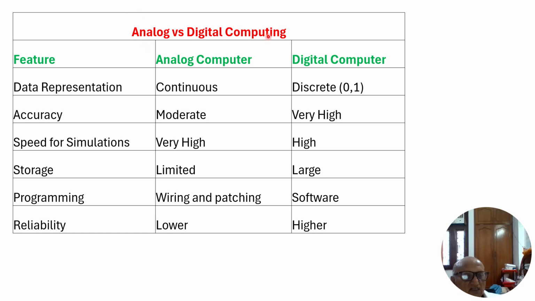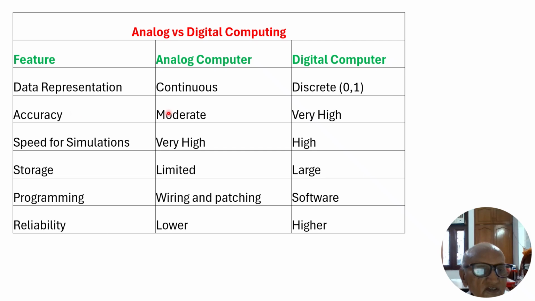Friends, now I am comparing analog computer with digital computer through some features. First is data representation. On analog computer it is continuous. On digital computer you have to feed number of data in discrete form, 0 or 1.